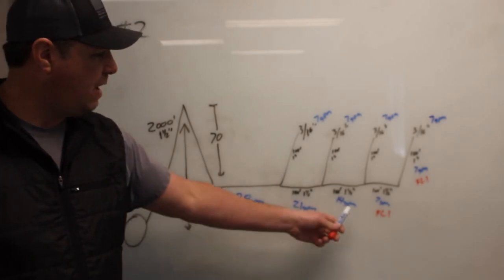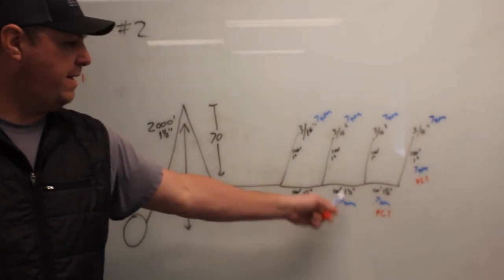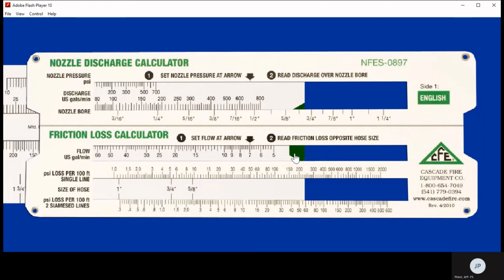All right, so I look at my next piece of hose. I just bring her on back because I don't have to deal with these lats. 14 gallons a minute through 1.5-inch hose.